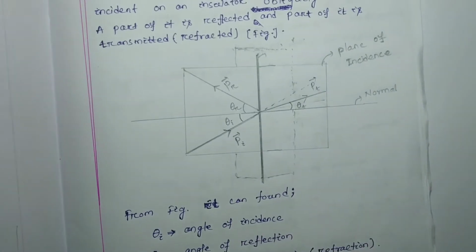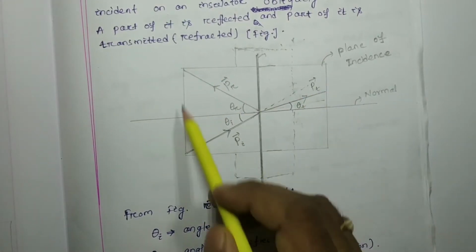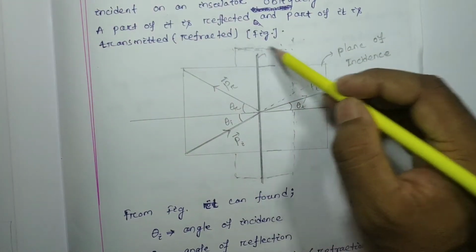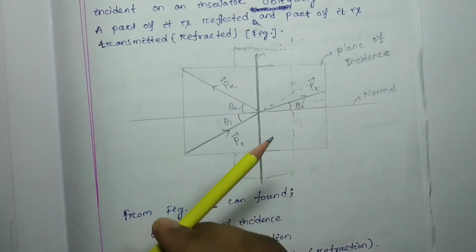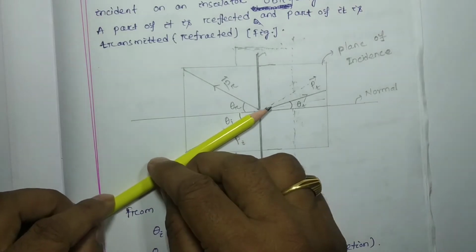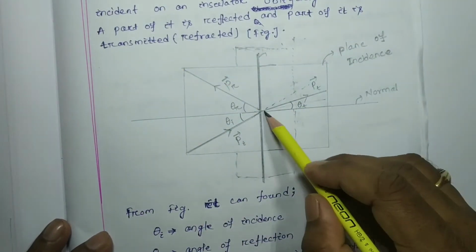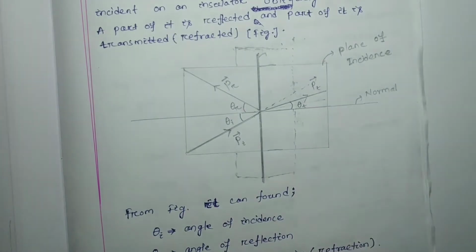Here you can see this is your plane of incidence, and this is your interface. In this way the electromagnetic wave is incident, this way it is reflected, and this way is the transmitted, or refracted, electromagnetic wave.